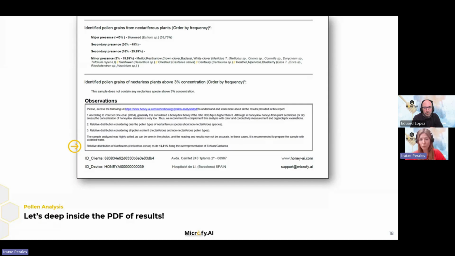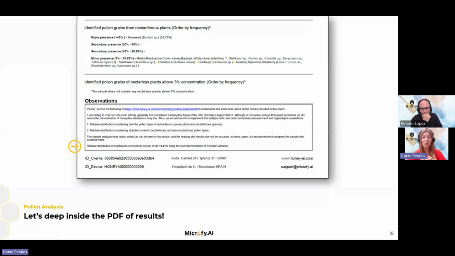So they remove from the counting echium and castanea, they consider them to be contaminants. So the value of relative distribution increases. From HoneyAI, we consider that this practice is not correct. This is our criteria. We consider that they are nectariferous and they should be counted.